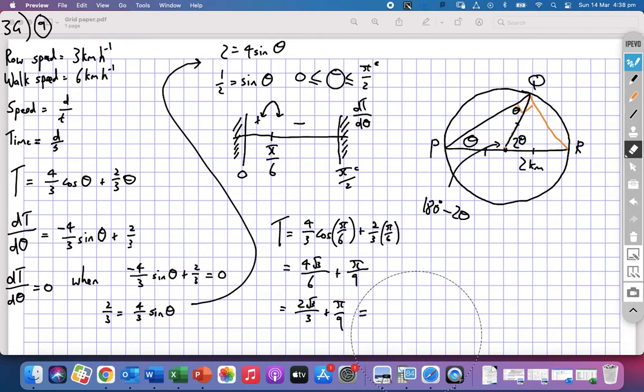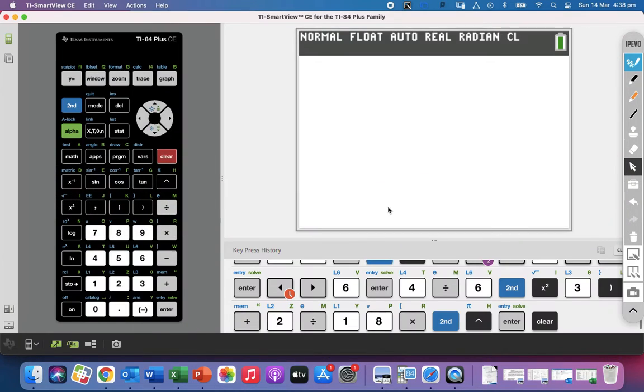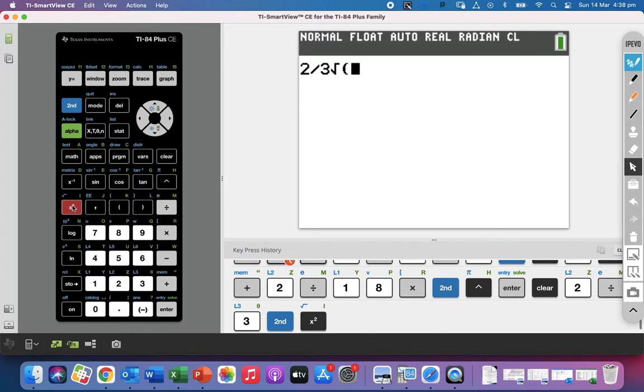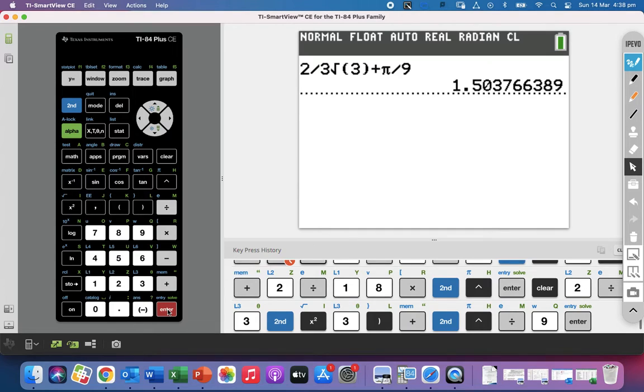the calculator's going to make it a decimal, so approximately, we'll go 3 significant figures. 2/3 root 3 and pi on 9. Okay, calculator, 2/3 square root 3 plus pi divided by 9, and I get 1.503.